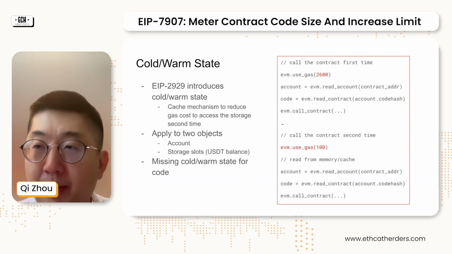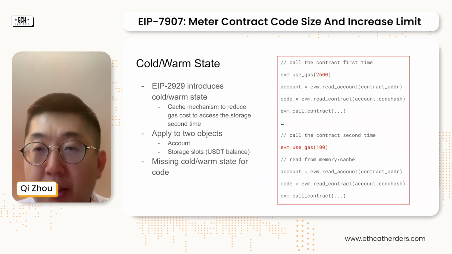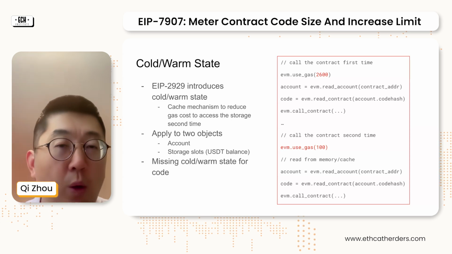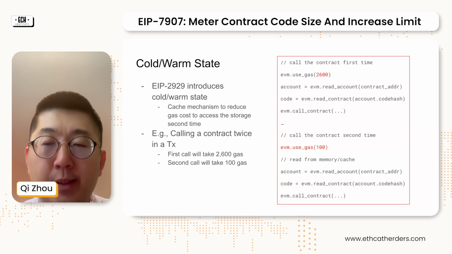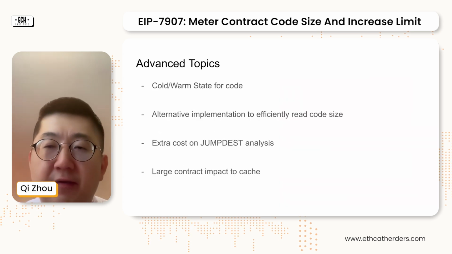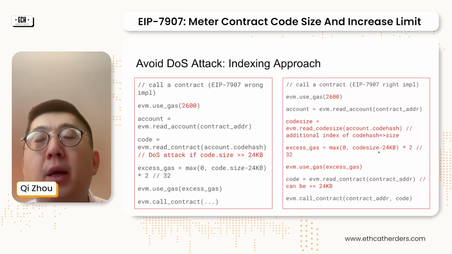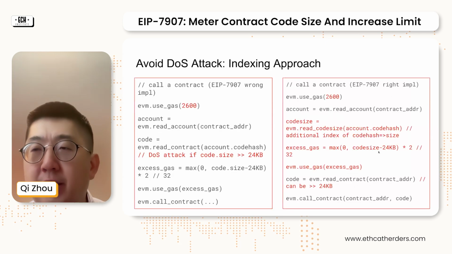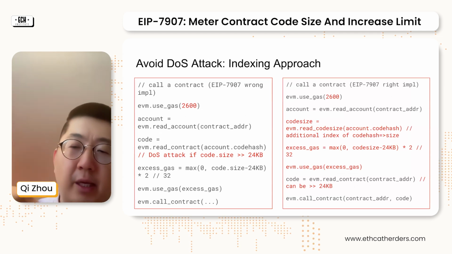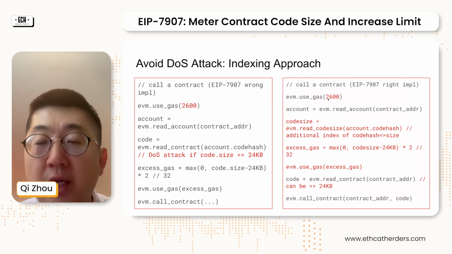Yes, that's the idea proposed by Charles Cooper, and I believe the basic idea is the same as the init code adjustment, so it is almost the same. Actually, it was also proposed in the discussion, though not documented, to use a more conservative number. The excess gas would be based on the number of 24-kilobyte chunks of data read, rounded, times 2,600.